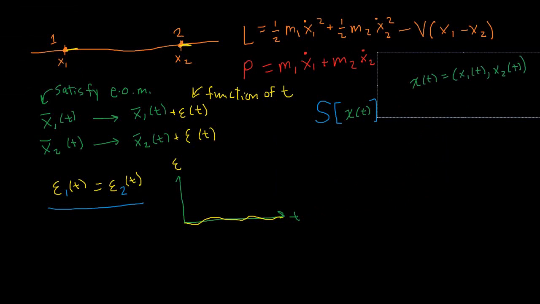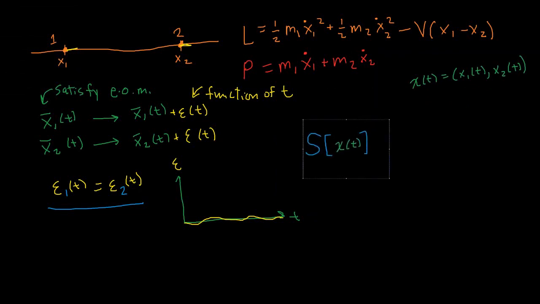Okay. So S of x of t equals the integral between t1 and t2 of L of x of t and x dot of t dt.